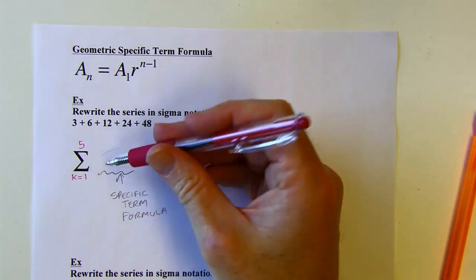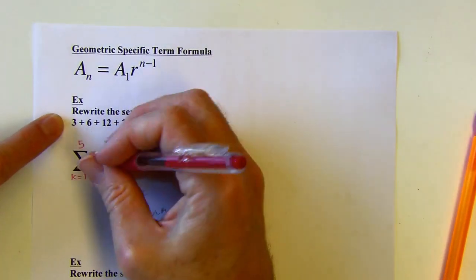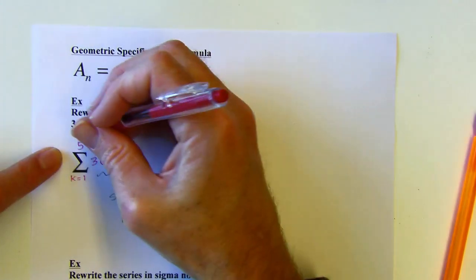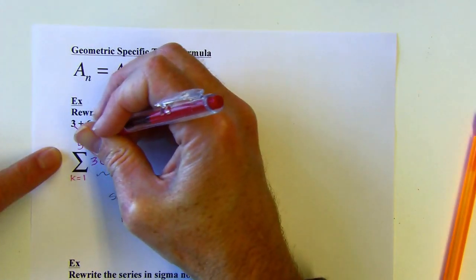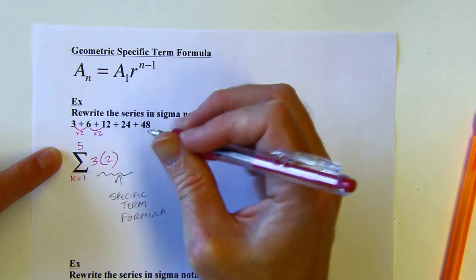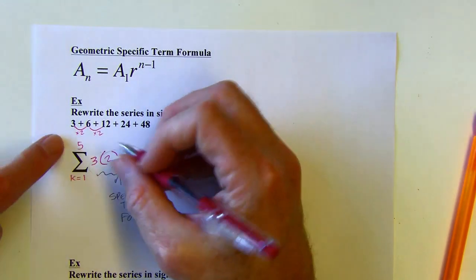And now, my first term is 3. All right, the ratio, well, I have to look at this a little bit, but hey, these are doubling from term to term. So my ratio is 2. Okay, and then I've got n minus 1. And n is the number of terms.